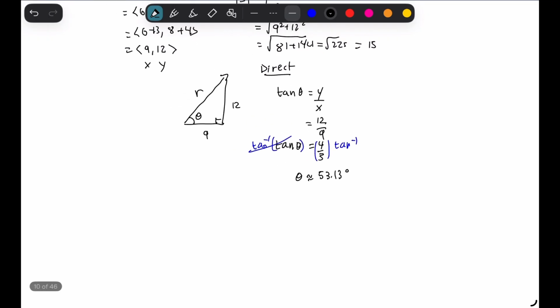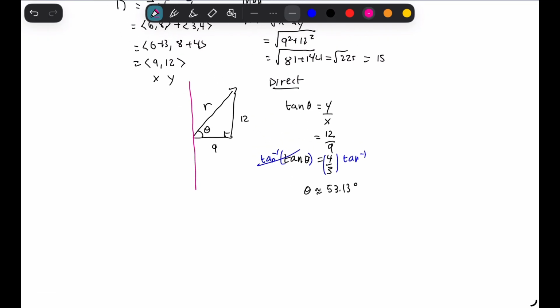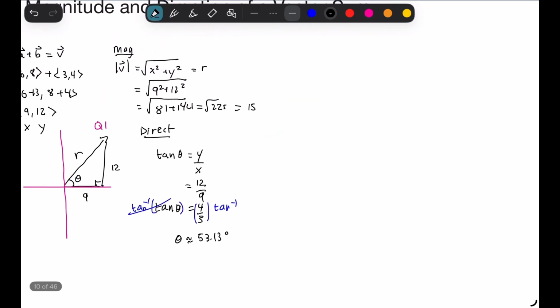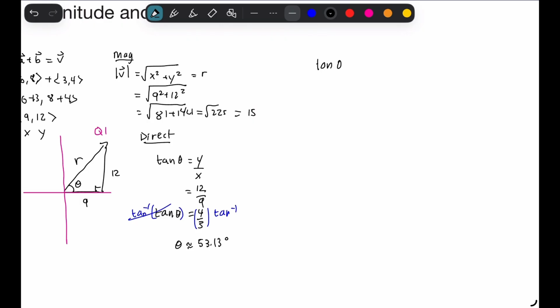Since we know that 9, 12, if we draw out the rest of our coordinate system here, is going to be in Q1, that means the direction of our angle is just 53.13. We don't have to adjust. And you have to remember this because tangent has a restricted range, which is when we are in this part of the unit circle.